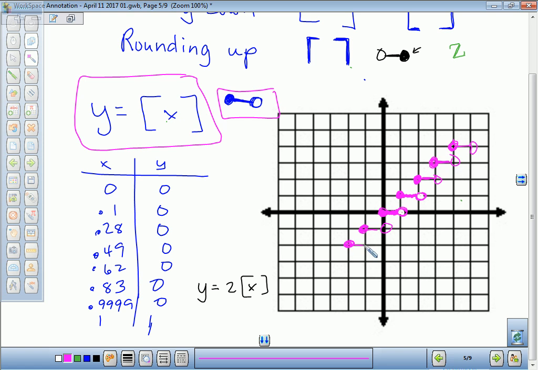And just like you said, it looks like stairs. It looks like steps. We call it a step function. And it is not continuous. You're right. It's not continuous. We have jumps in this graph. We have repetitive jumping.